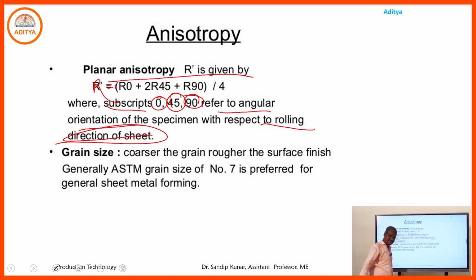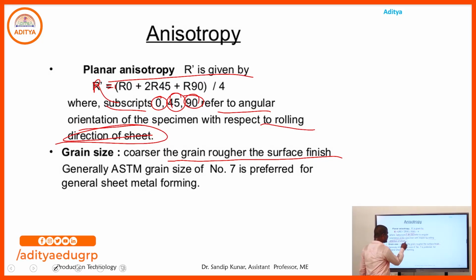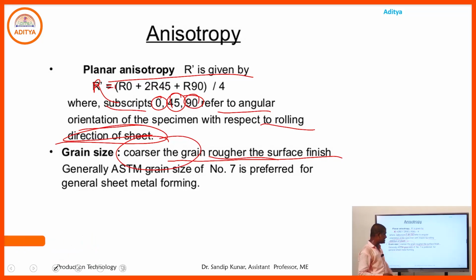Grain size: coarser grain size affects the surface finish. Coarse grain size leads to a rougher surface finish on the sheet.